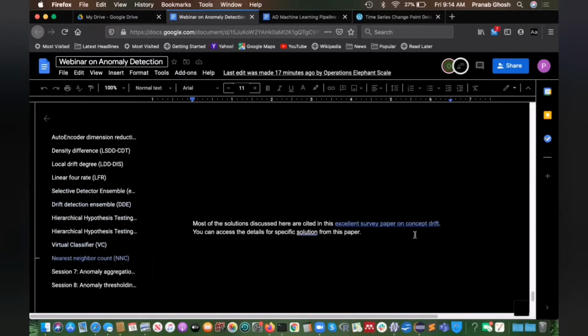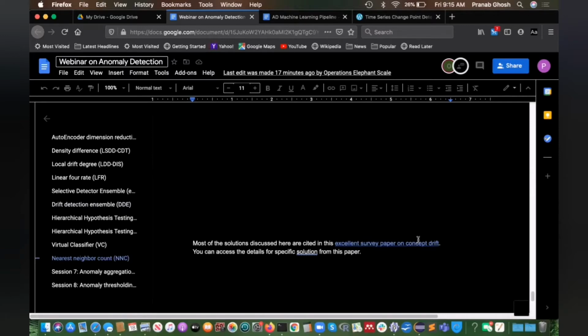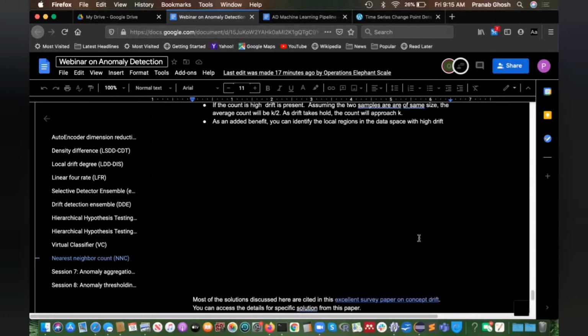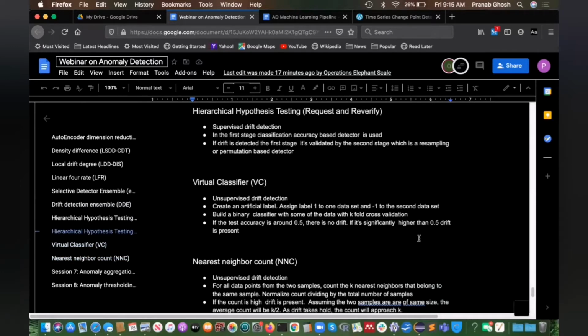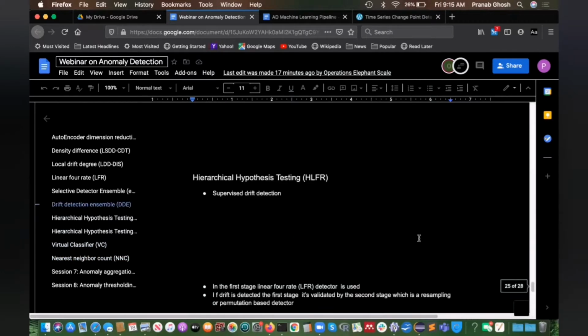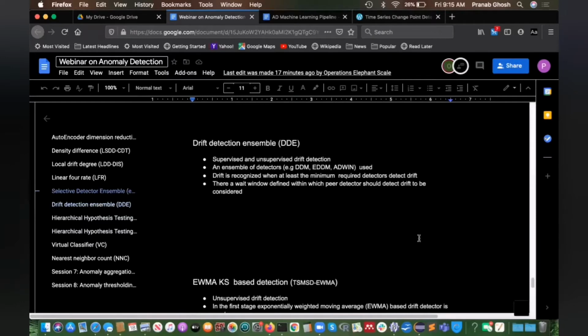If you want more details, you can refer to this paper, and it has a list of most of the solutions, I would say 90% of them, and also has the citation list at the end of this paper. So you can get hold of the actual paper behind each of these algorithms through that survey paper.